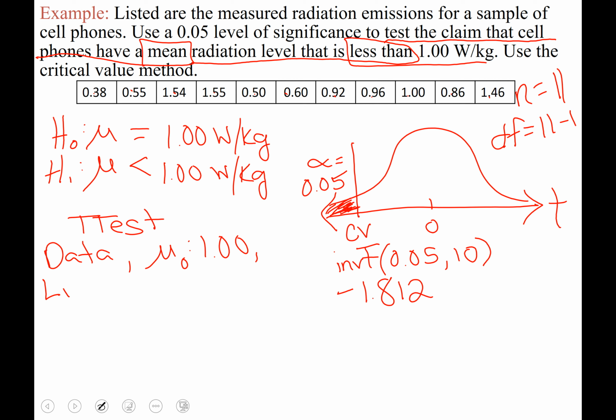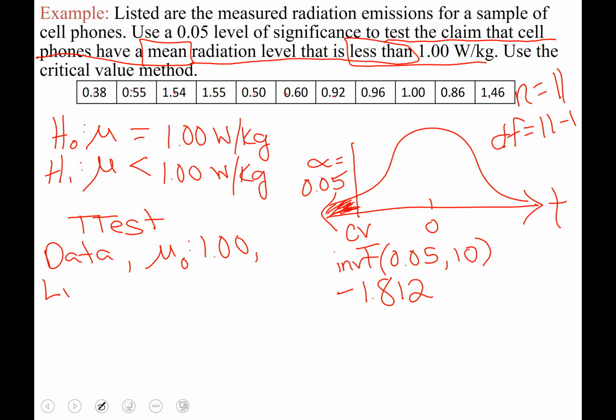Okay, now we're going to go back to our test. Do this with me. Hit STAT. Arrow over to where it says TESTS. Reopen that T-Test. Data should still be highlighted. The 1.00 should still be there for your mu sub naught. L1 is still there, and that's where we put the data, so we're good.